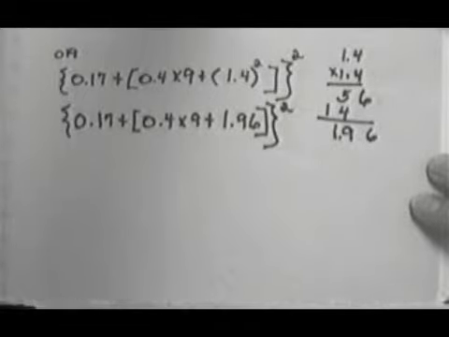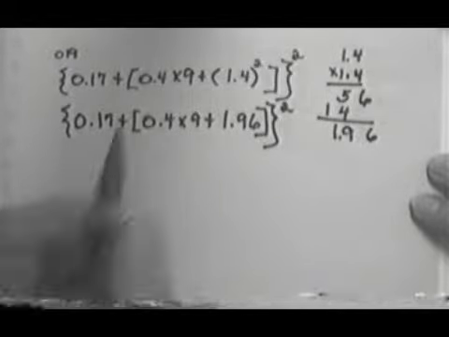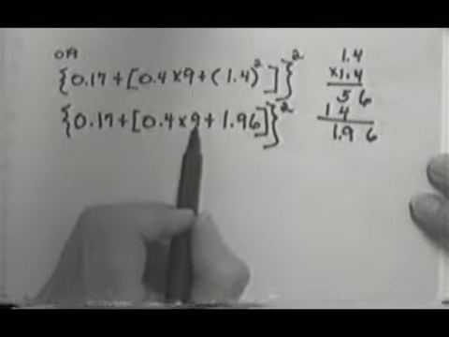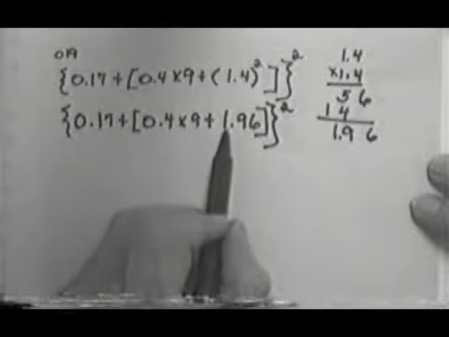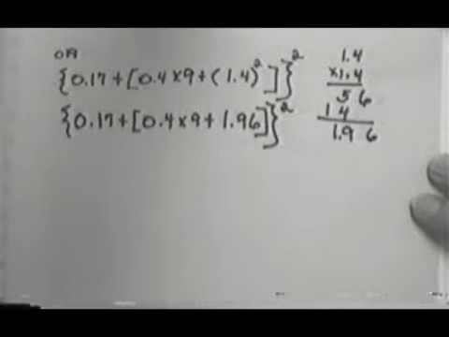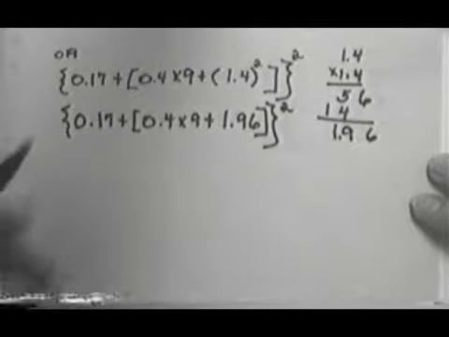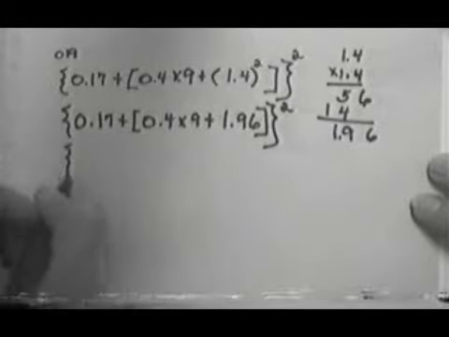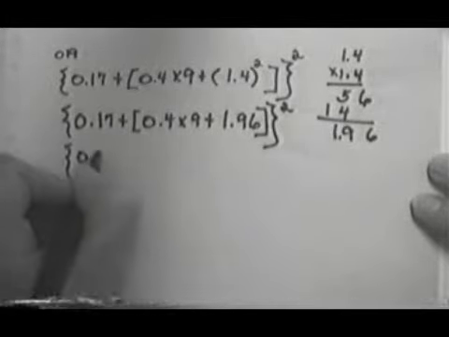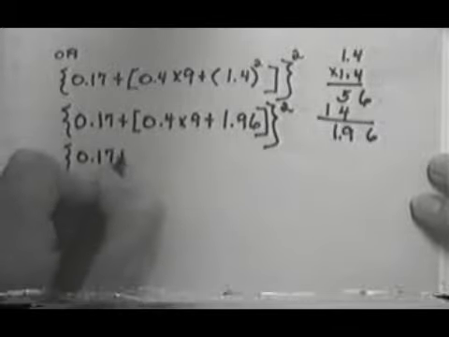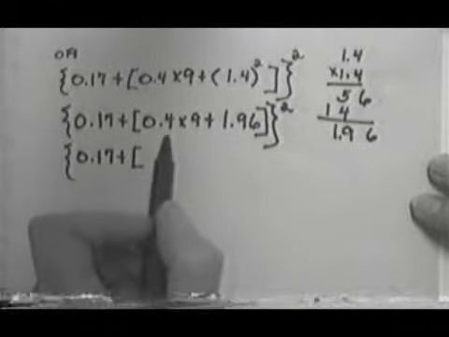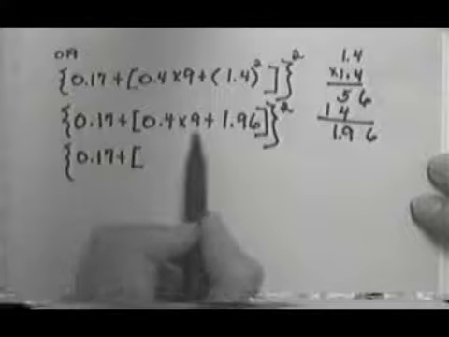So I'm working in my bracket. So in my bracket, I have 4/10 times 9 plus 1 96 hundredths. So I need to do that multiplying in that bracket. So let's copy everything else down as it was. We still have the 17 hundredths plus the bracket, and I want to do this multiplying. I think I can do it right here.